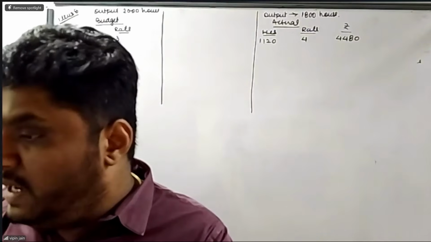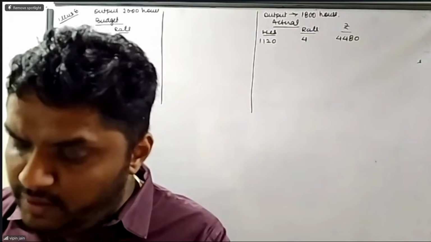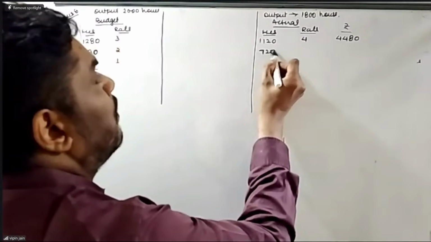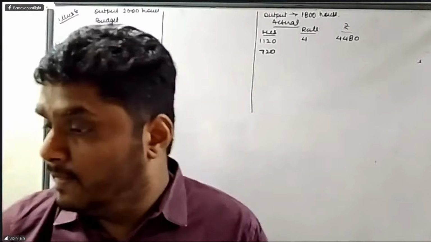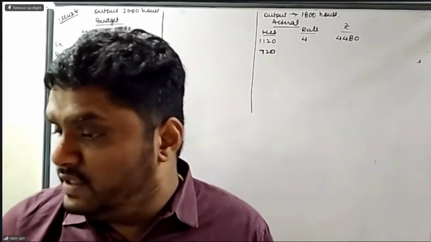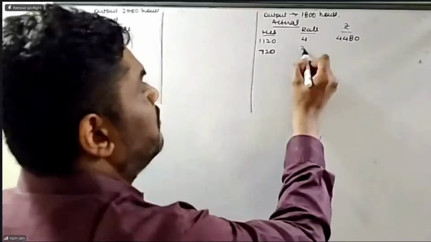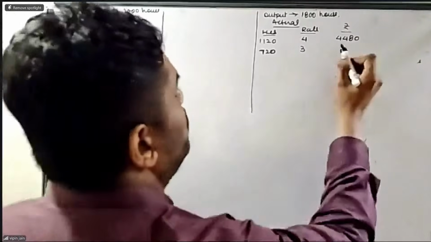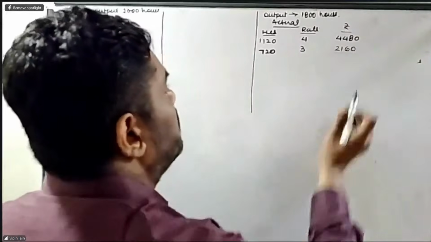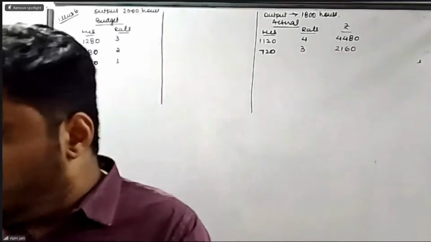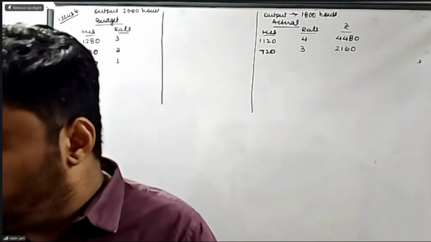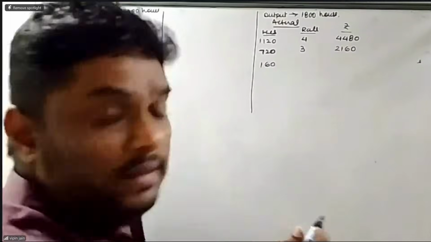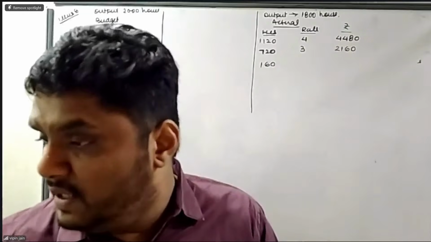Second, 18 hours of semi-skilled into 40 hours, that is 720, and the rate at which they were paid is rupees 3. So they were paid 2160. Similarly, 4 workers worked for 40 hours, so this will be 160, and the rate at which they were paid is rupees 2.